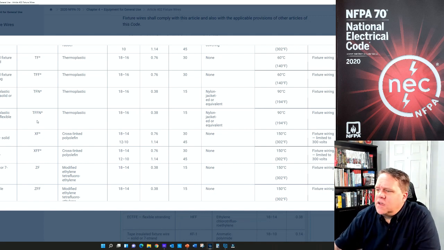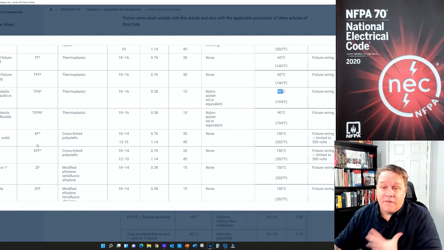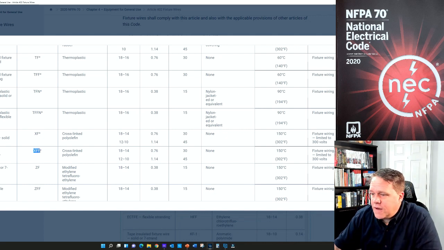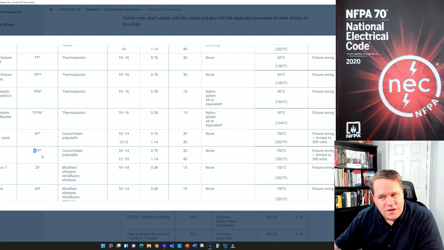So TFN, TFFN are your two most common. They are rated 90 degrees both, so the H thing, the H or the two H's, doesn't apply to fixture wire. And then, of course, if we were to scroll down, I've never seen this, or if I did, I didn't notice. We have XFF. What do you suppose that would be? That would be cross-linked polyethylene, right?